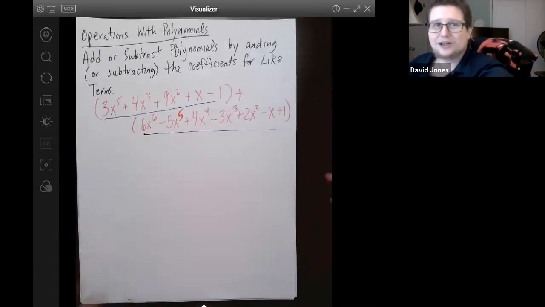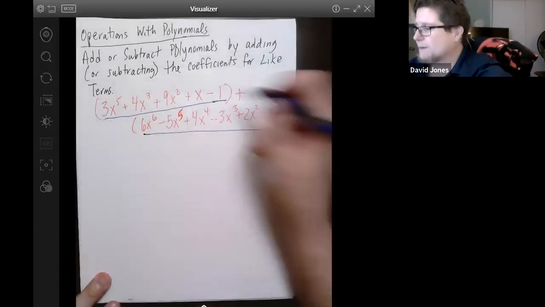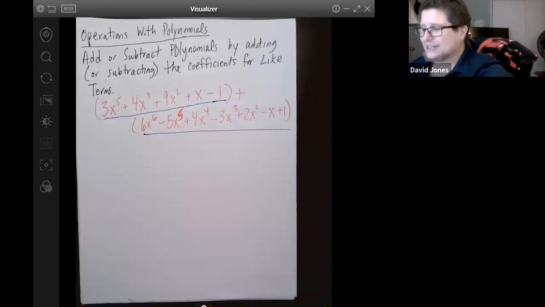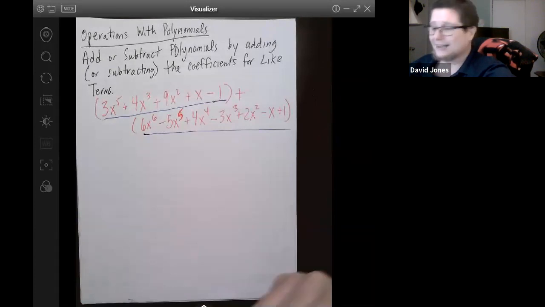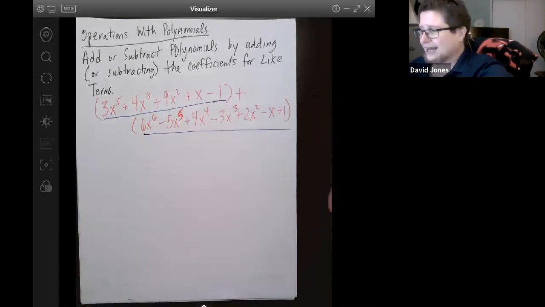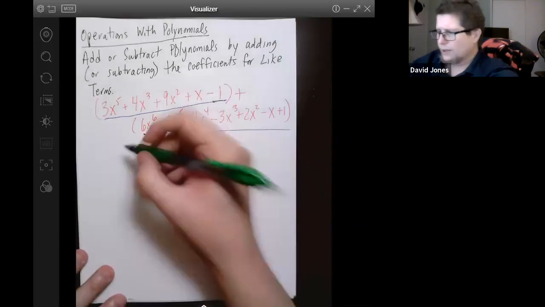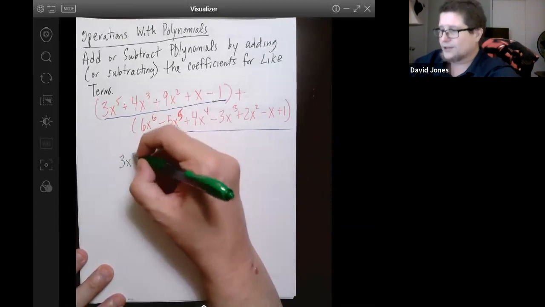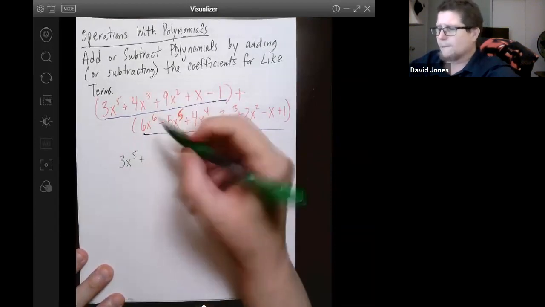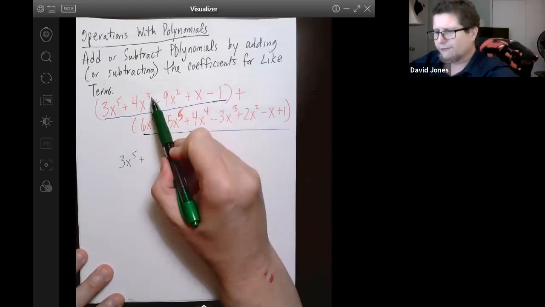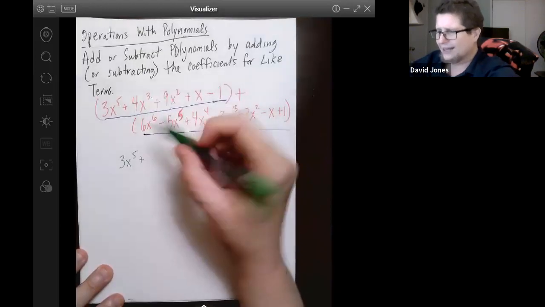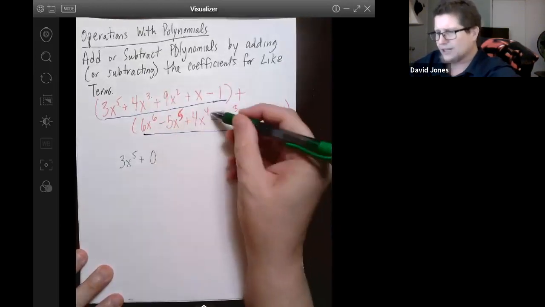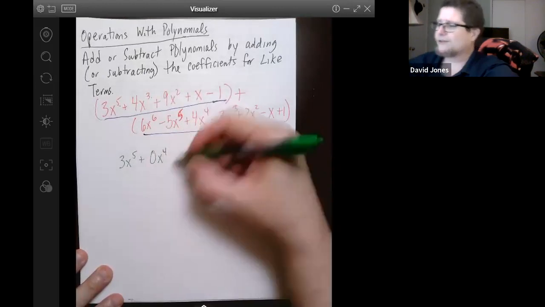I've got a lot of terms here, but I can add them up by matching like terms and adding their coefficients. When you have a lot of them, it helps to stack them. So I'm going to stack these on top of each other. 3x to the 5th. The next number down from 5 would be 4. I don't have an x to the 4th here, so I'm going to put 0x to the 4th.